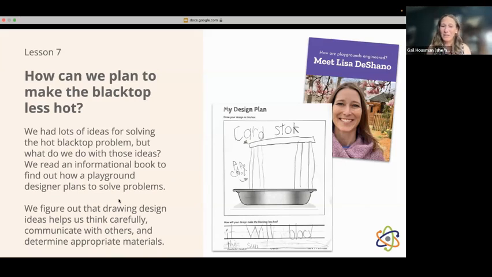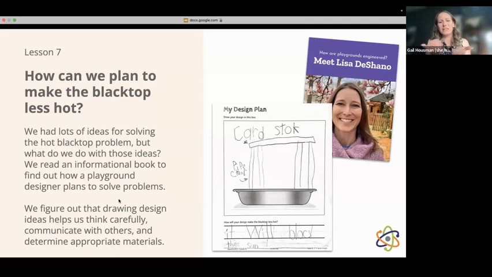So in lesson 7, the kiddos work individually to plan their own solution to the problem, the design solution there. You see an example of a kiddo who wrote that pipe cleaners and cardstock is the way that they want to make the blacktop less hot.